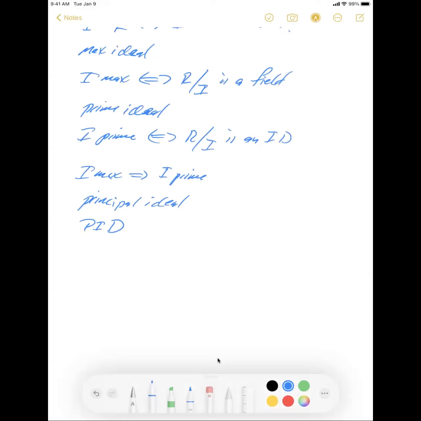And then we're able to show that if you have a field, then F bracket X is a PID. So F bracket X is a PID.